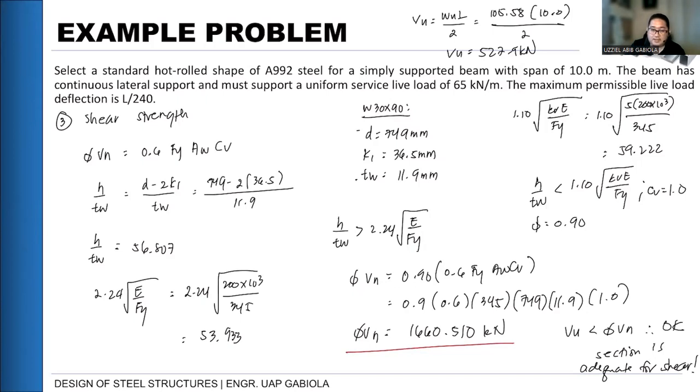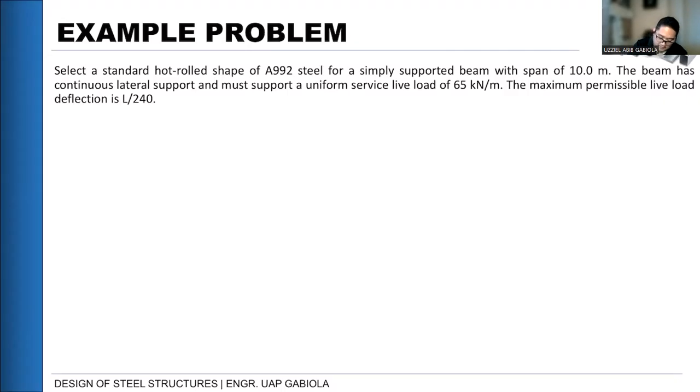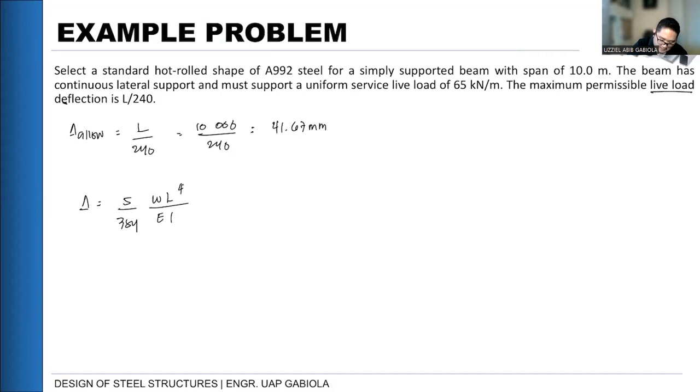Next, check natin siya for deflection. Okay? So kung for deflection, ang allowable natin is for live load lang yan, no? So live load lang yung loading natin. So L over 240, that is 10,000 over 240. So kailangan, yung value natin is dapat 41.67 mm or less. Okay? So according sa formula, we have 5 over 384 wL to the fourth over EIx.